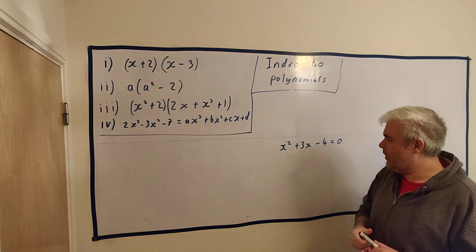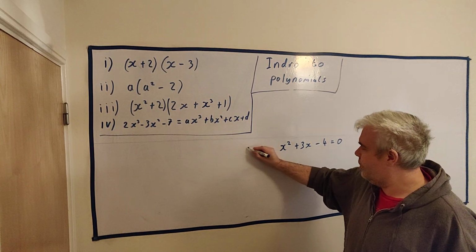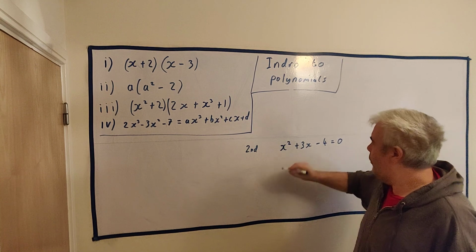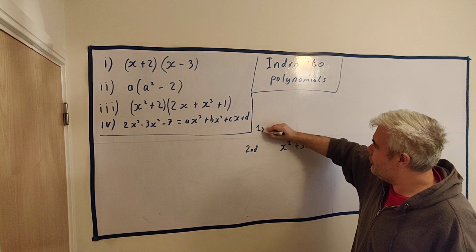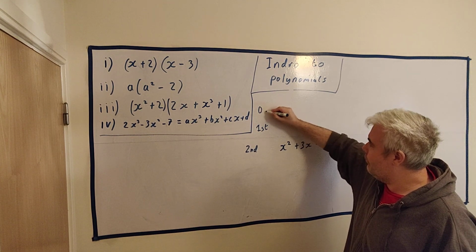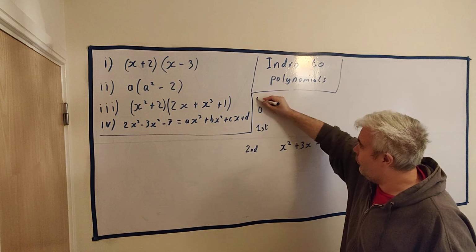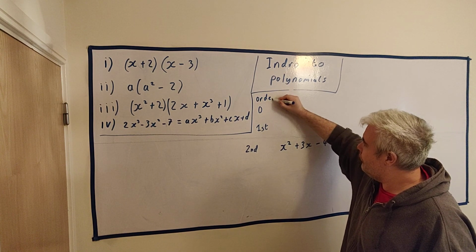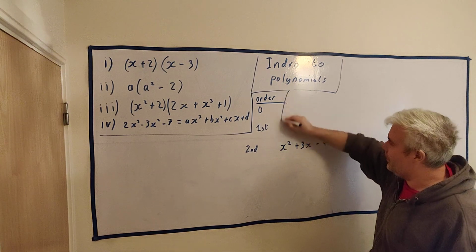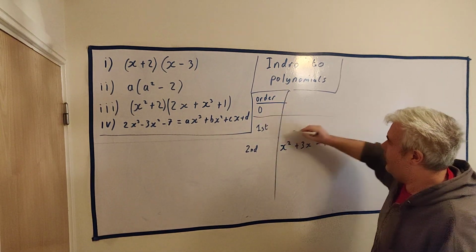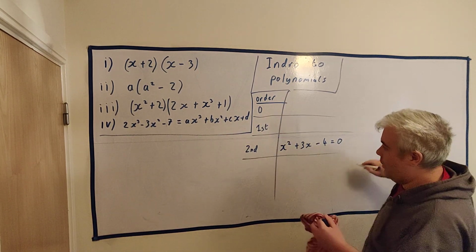While I have this up here, I might as well just write this little introduction. Second order, first order, and zero order. So these are all orders, and this is what a polynomial is. I should have really prepared for this.